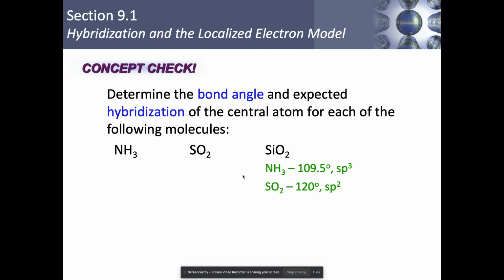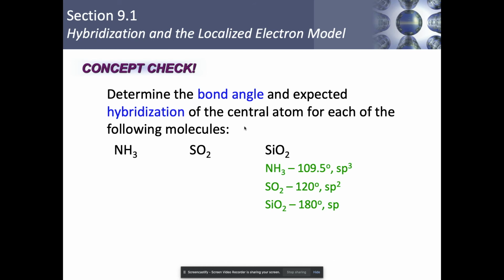And so technically, it's still sp2 hybridized. And last but not least, we have silicon dioxide. That has a 180-degree angle, and that's going to be sp hybridized. And again, that's just in general how this process works.